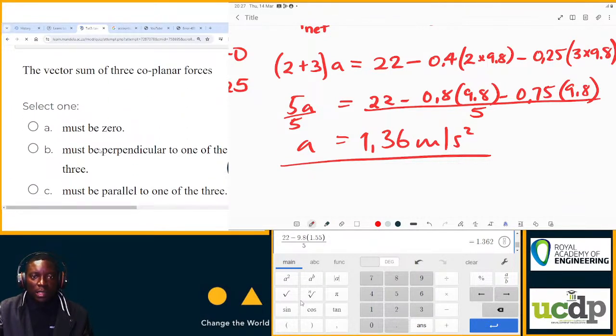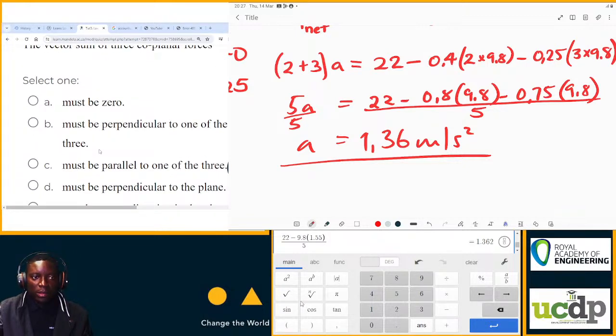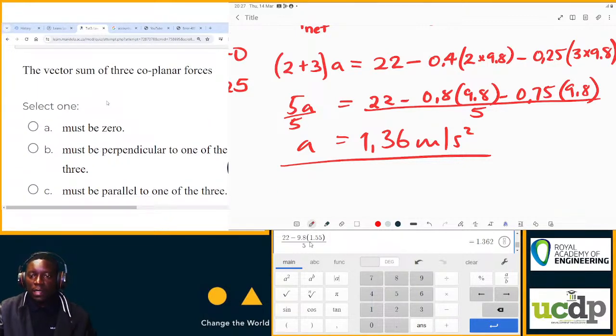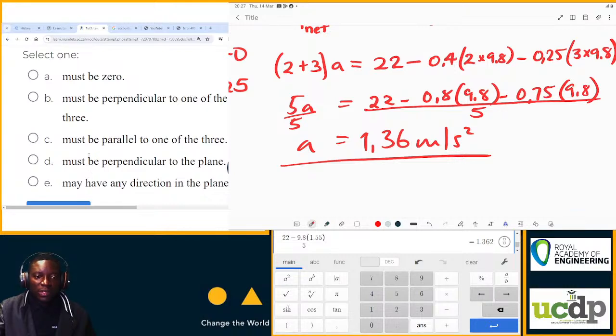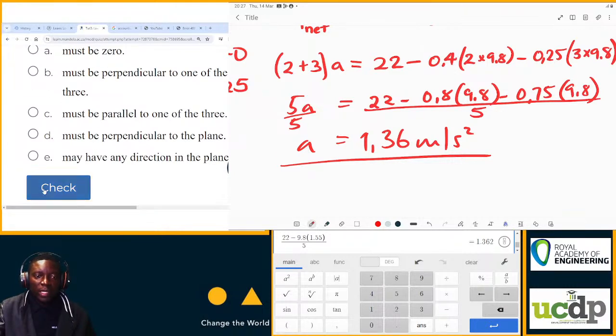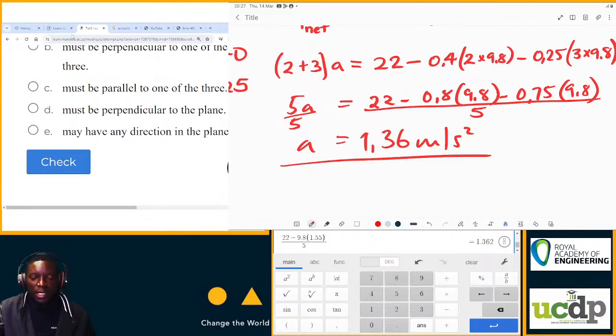This is not a calculation question, so you need to know your facts. If you have three coplanar forces, their vector sum must be 0. Is it true? Must it be perpendicular to one of the three forces? Or must it be parallel to one of the three forces? It must be perpendicular to the plane. It may have any direction in the plane.